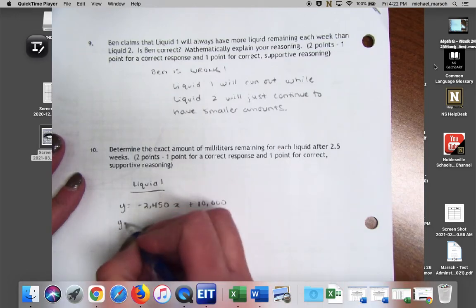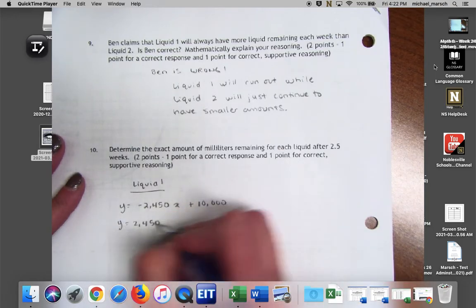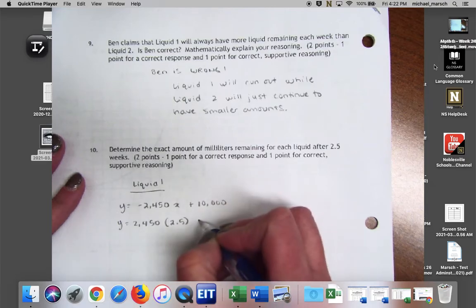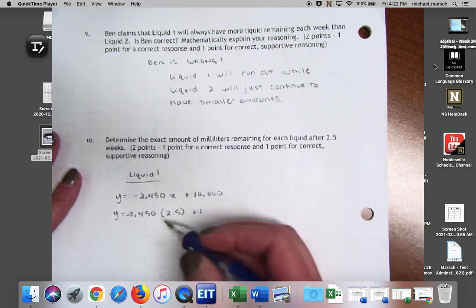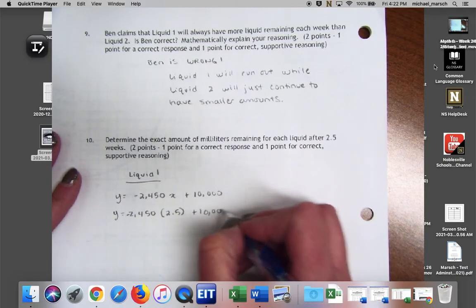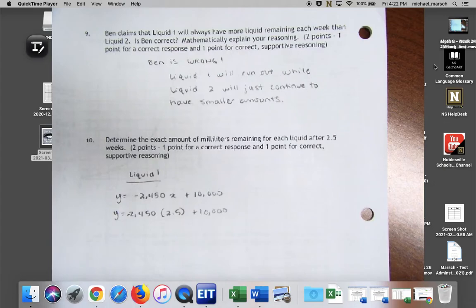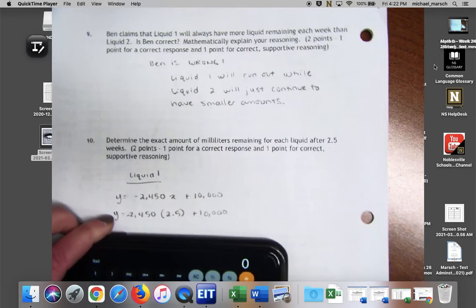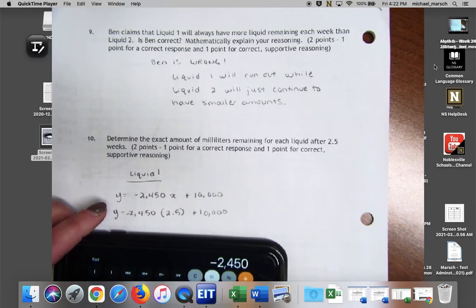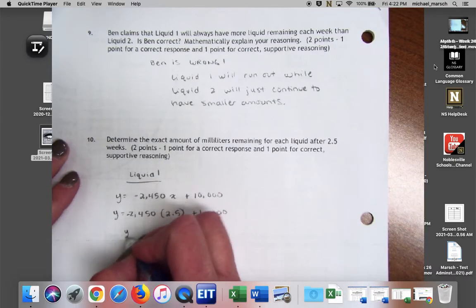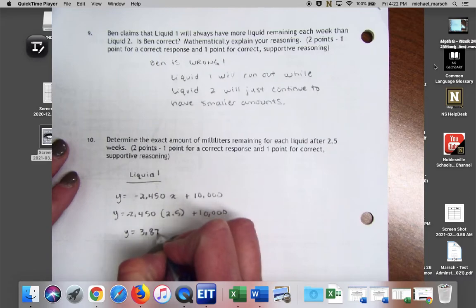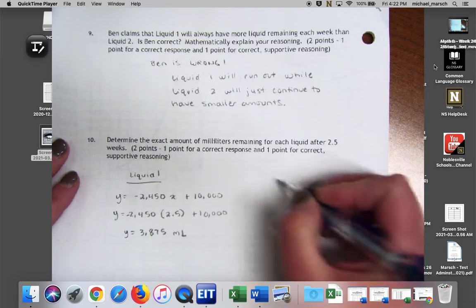So we're going to do y equals negative 2,450 times 2.5 plus 10,000. So when I get out my trusty phone calculator, negative 2,450 times 2.5 plus 10,000, and I get 3,875.